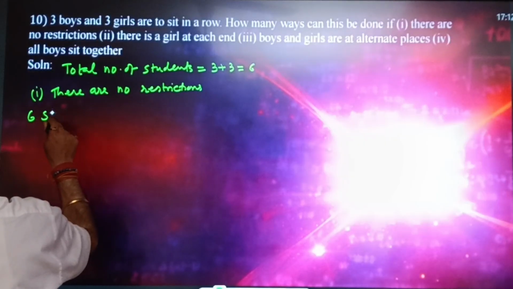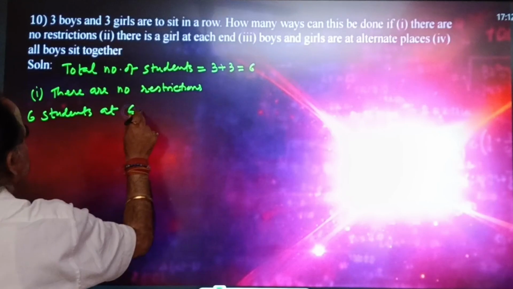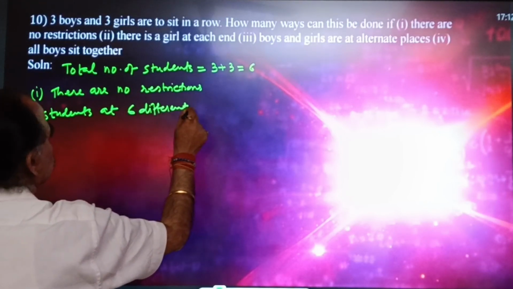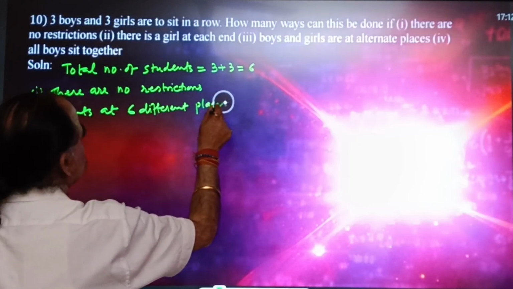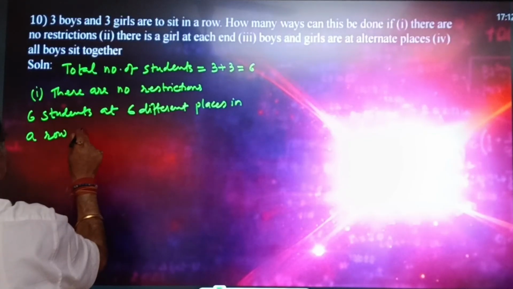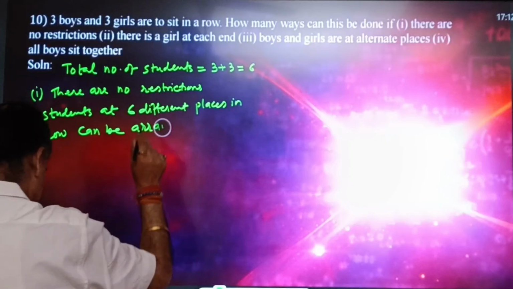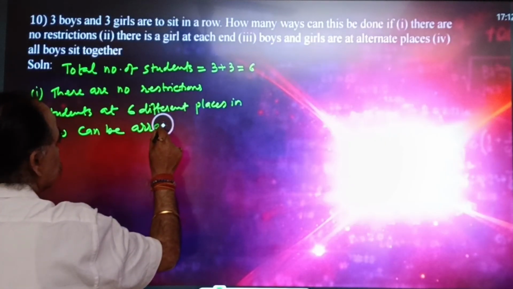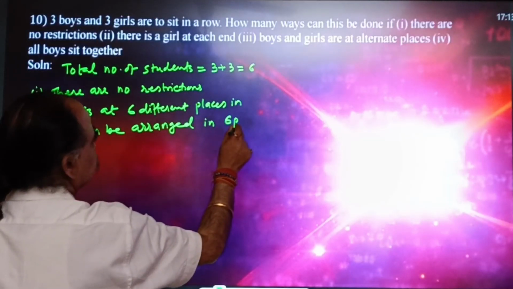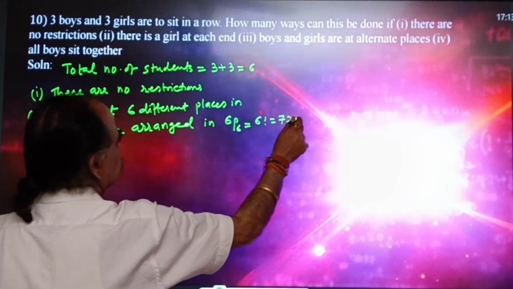Six students at six different places in a row can be arranged in 6P6, 6 factorial is equal to 720 ways.